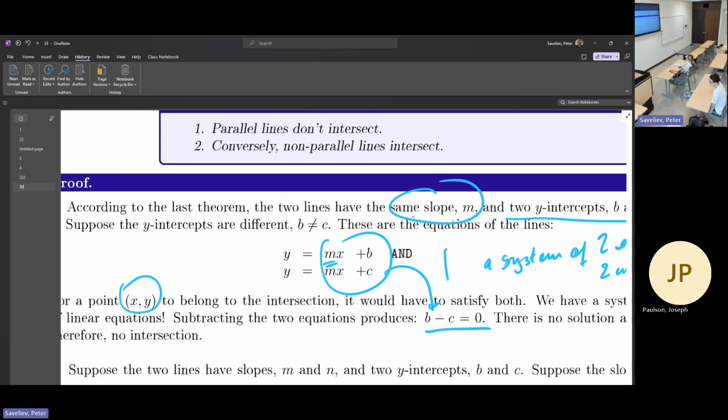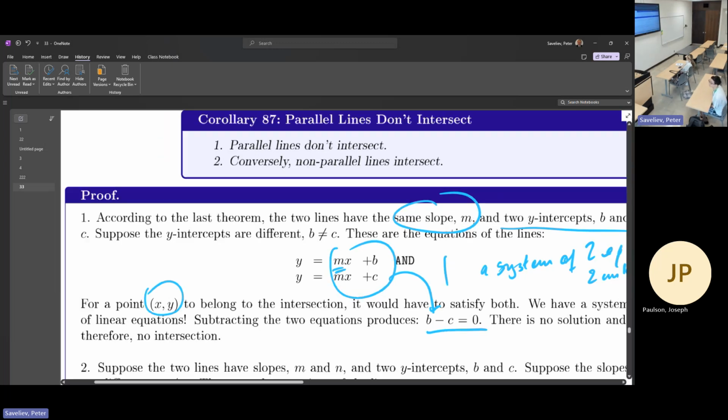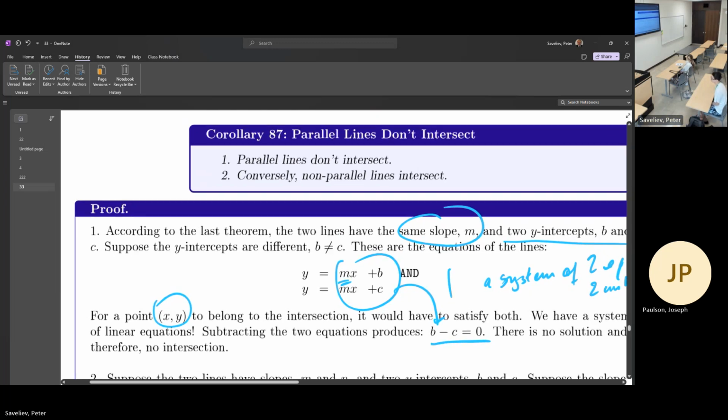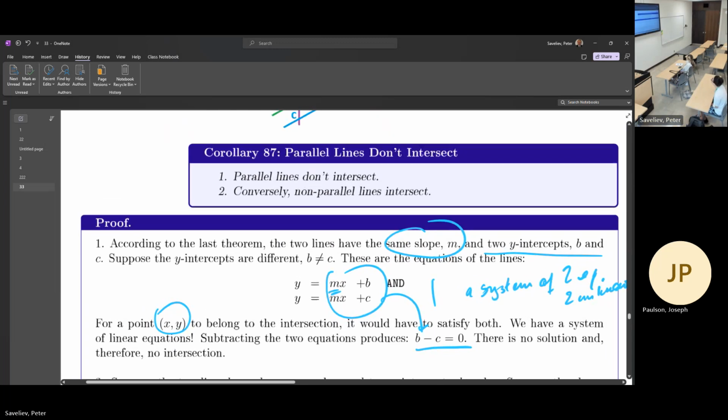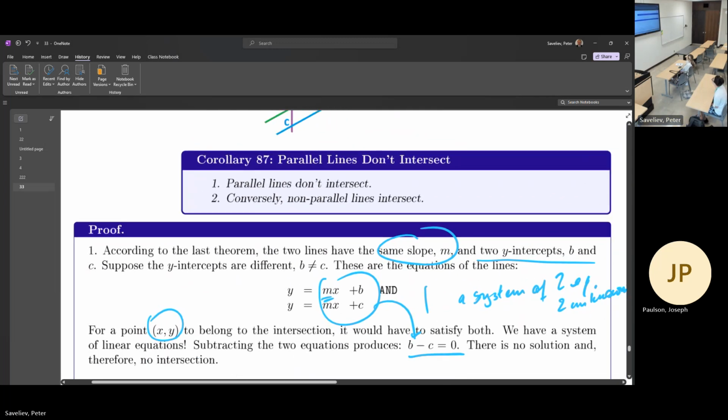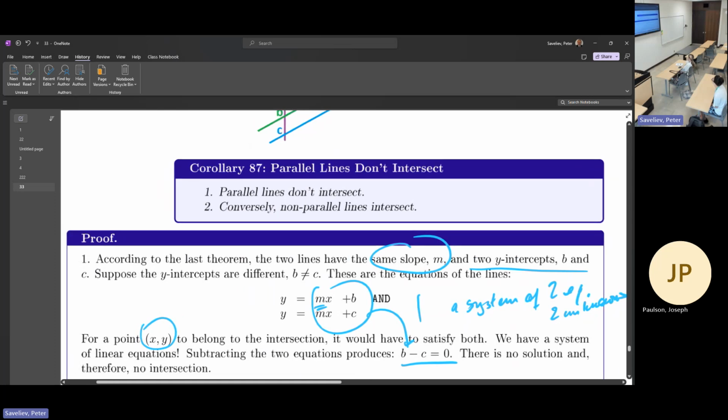So the valid conclusion is that these 2 lines do not intersect. If they did, then it would be the same line. Two lines that are distinct cannot possibly have any points in common, and that's what we conclude in a purely algebraic manner.